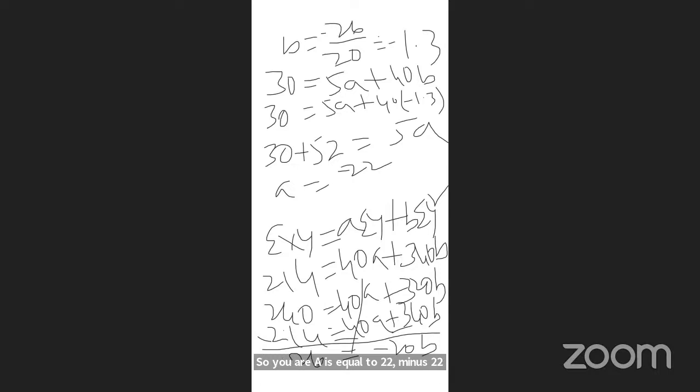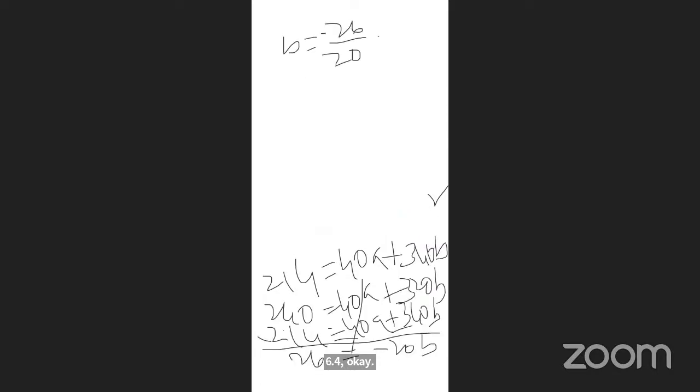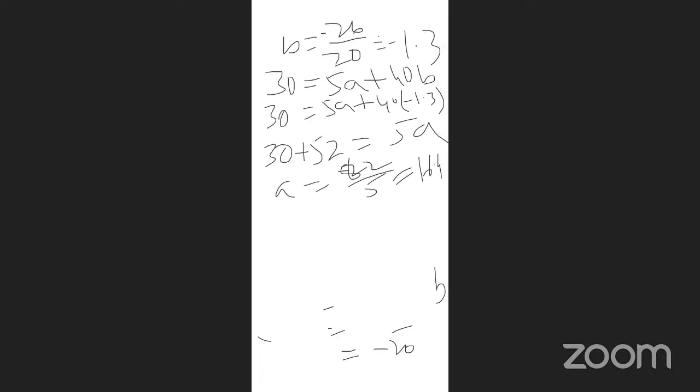Here minus becomes plus, so that means 82 divided by 5, which is 16.4. So now the equation, the y on x equation.